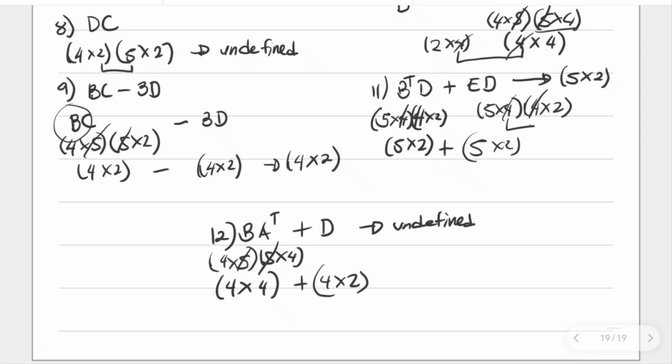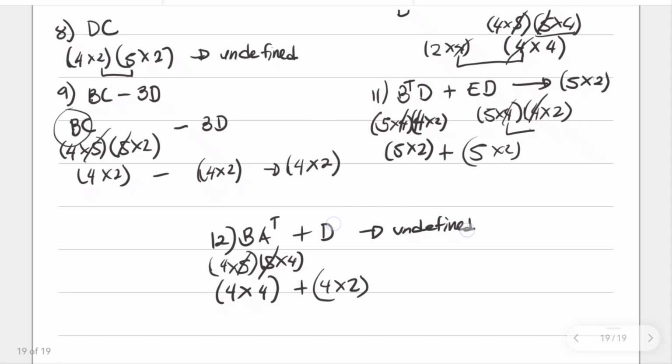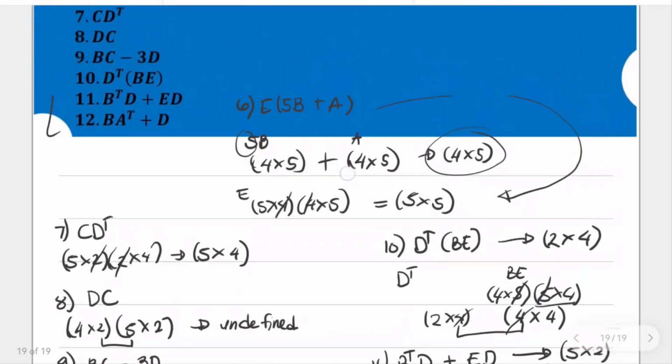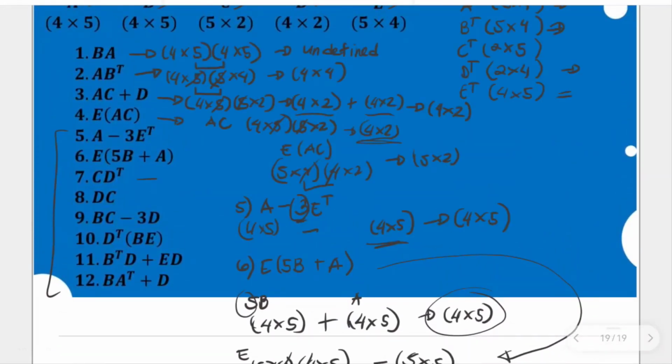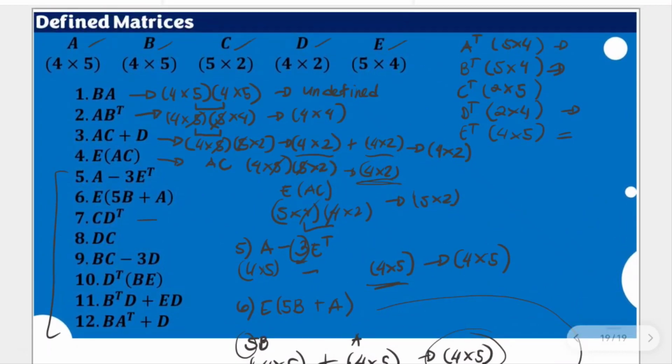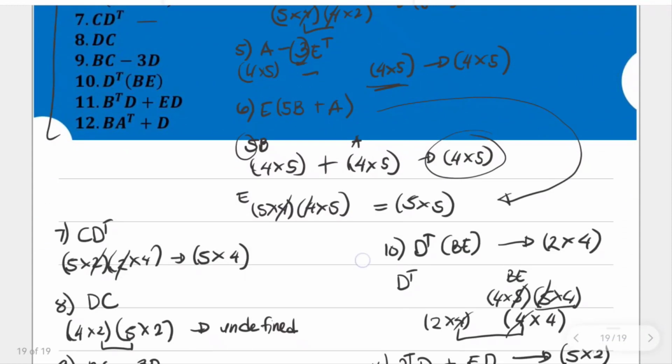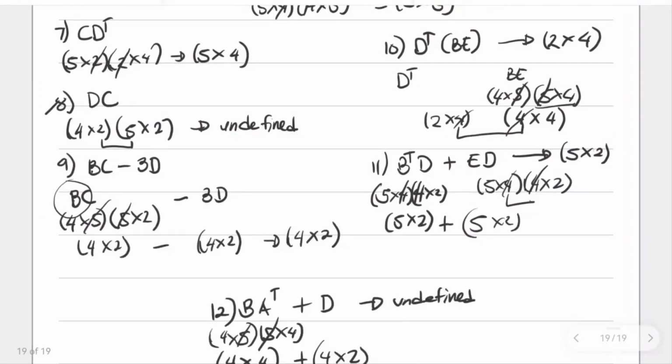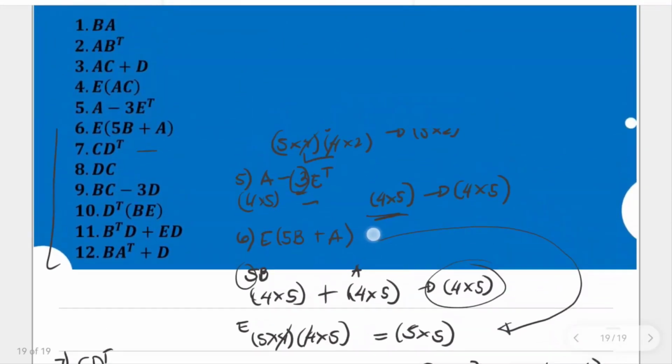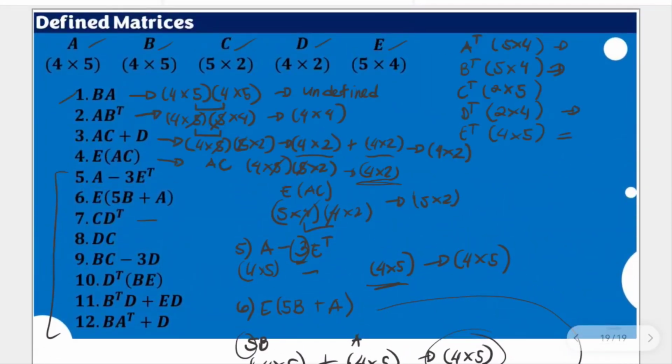matrix. Now, this might seem too long, but the point of understanding this is before we go to the operations later, we must know whether the matrices of the result would be defined or not. Because if in the first place they are undefined, just like in number 1, just like in number 8, and number 12, you don't need to solve them as to the exact entries of the result, since you're already sure that they are undefined.